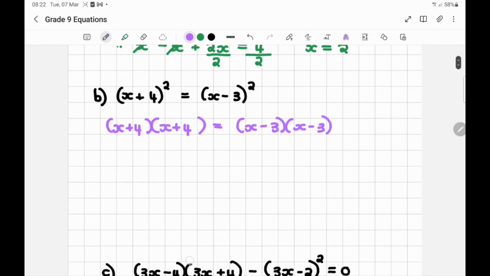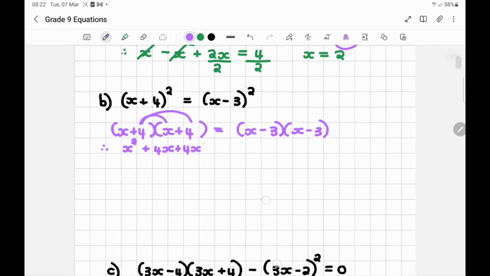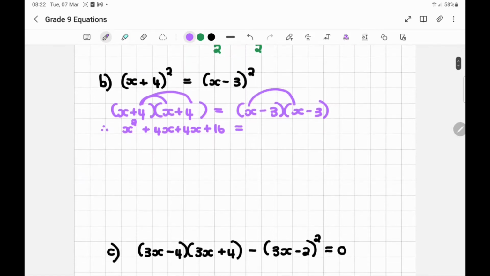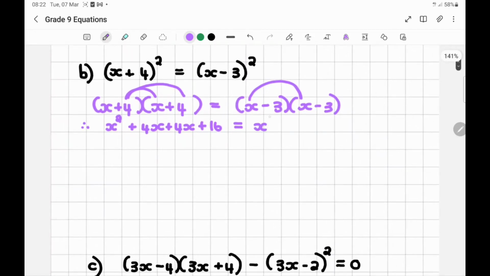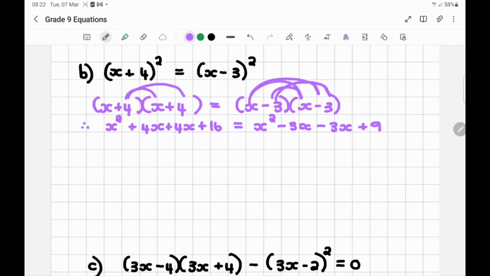All right, and now we're going to FOIL out those brackets. x times x is x squared, plus x times 4 is 4x, plus 4x, plus 16. And that is equal to x times x, which is x squared, minus 3x, minus 3x. And very important, a negative 3 times a negative 3 is a positive 9.